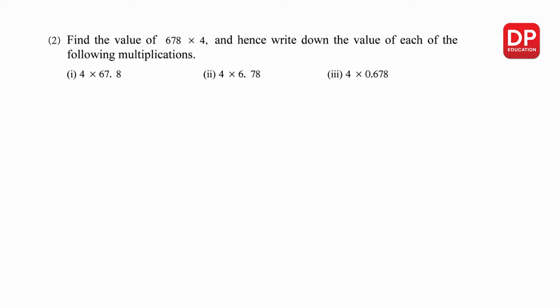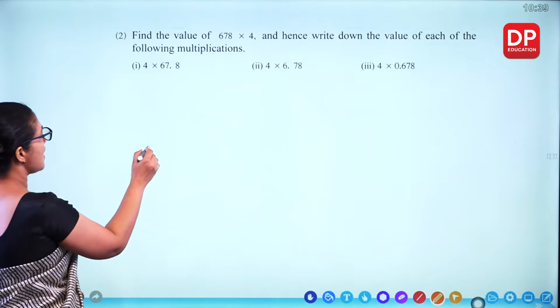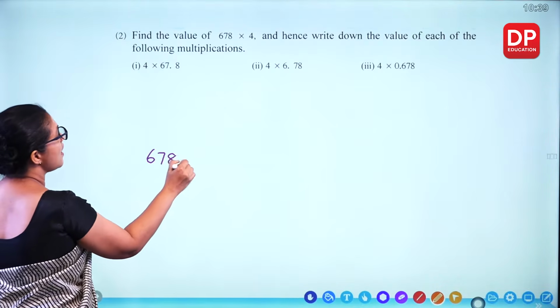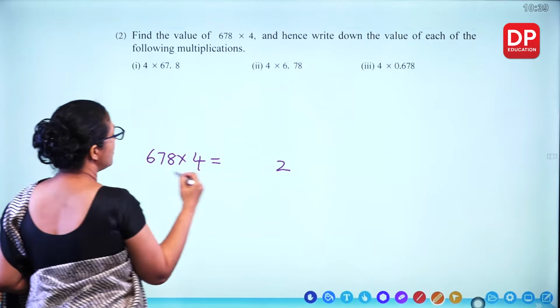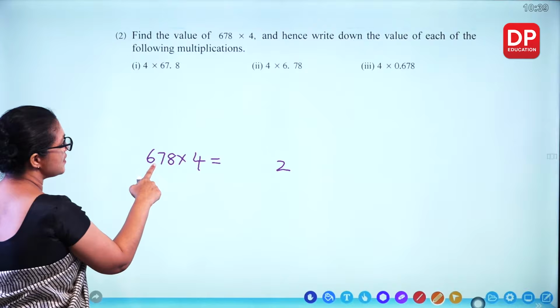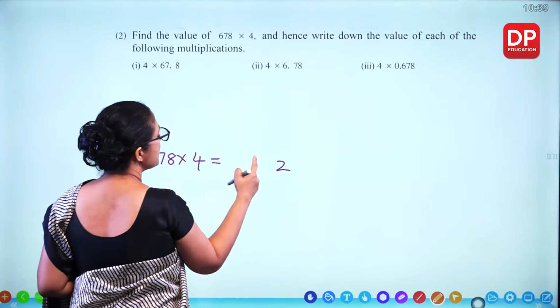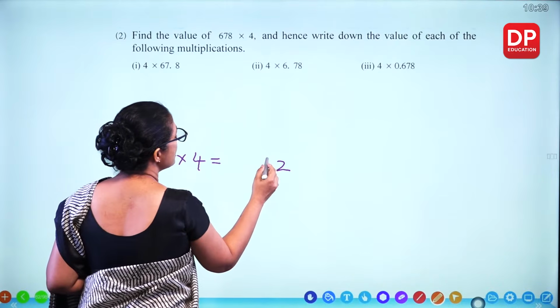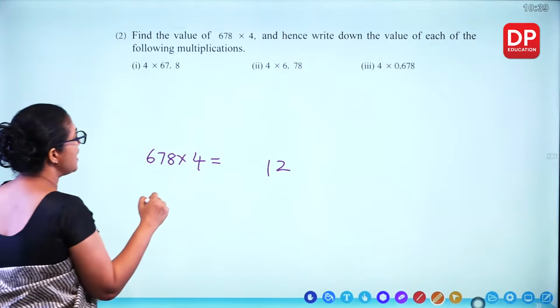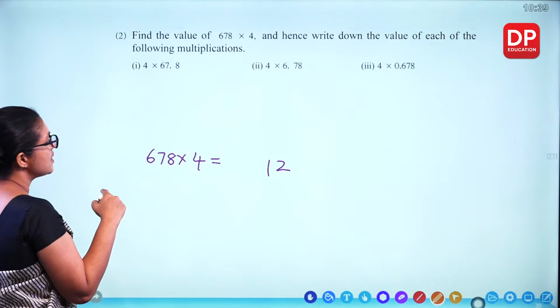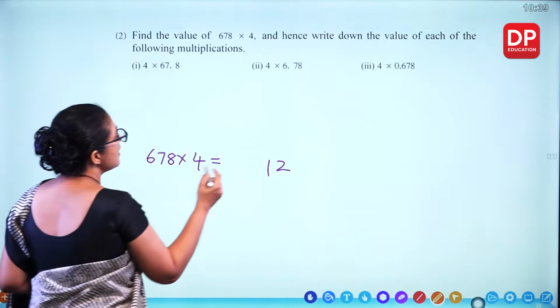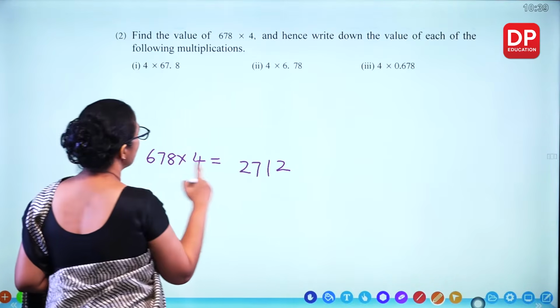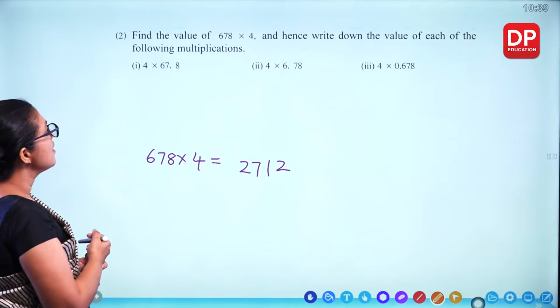Question number 2. Find the value of 678 times 4 and hence write down the value of each of the multiplications. So we'll do 678 times 4. 4 times 8, 32. 3 remaining. 4 times 7, 28 plus 3, 31. 3 remaining. 4 times 6, 24. 24 plus 3, 27. So 2712.